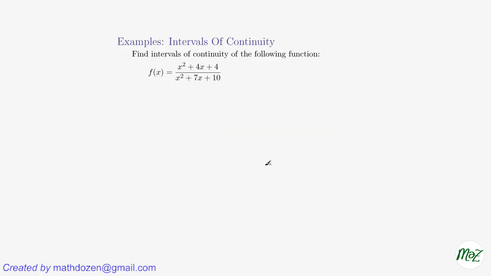Another example, we need to find intervals of continuity of this function. And what kind of function is it? It is a rational function. And as a rational function, it is continuous on its domain.